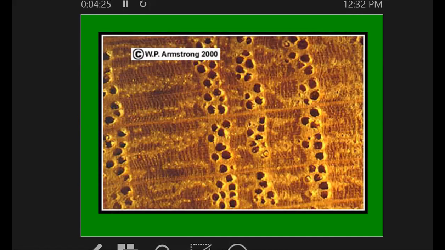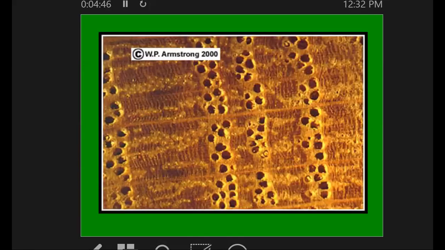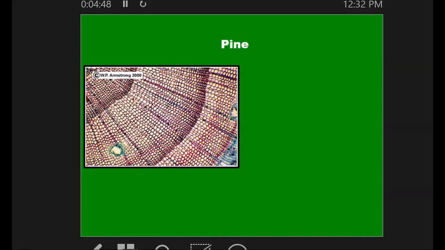Now, if you get out of the angiosperm realm and go into the gymnosperms, so pine trees are gymnosperms. They do not have vessels, remember. So now if you cut down a gymnosperm, a pine tree, and look at it in cross section, you're not going to see that lovely pattern that we just looked at. Growth rings can be a little bit more challenging, but they're there.